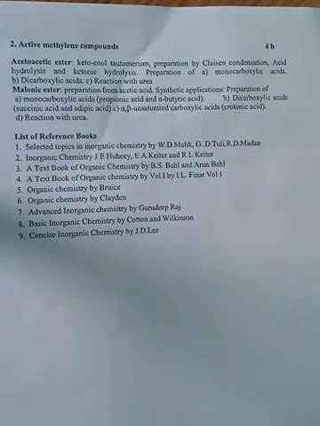And the second is malonic ester. The preparation of malonic ester from acetic acid will be discussed, and the synthetic applications of malonic ester, that is preparation of monocarboxylic acids, dicarboxylic acids, and alpha beta unsaturated carboxylic acids will be discussed, and how malonic ester reacts with urea will also be discussed in this chapter.